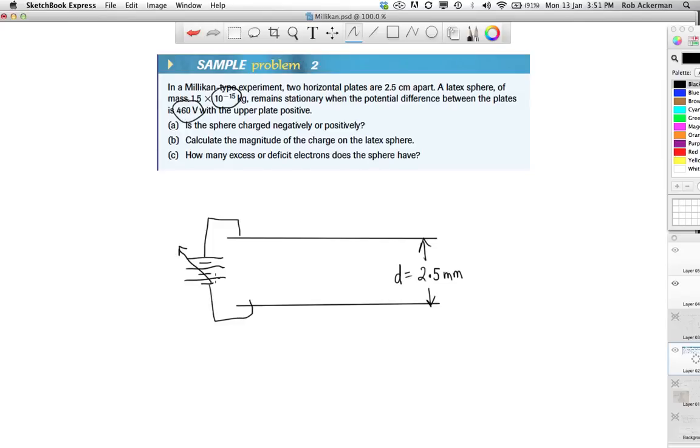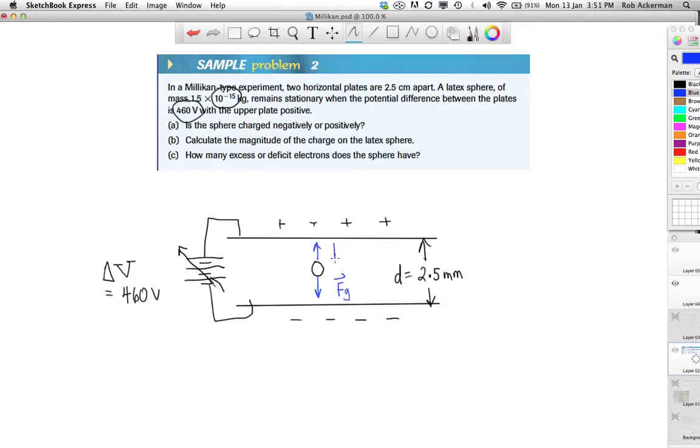So we've got this variable power supply, and we've decided that one of the spheres can become suspended in midair at 460 volts. Okay? Upper plate, of course, positive. Negative on the bottom. So here is the droplet. We can draw in some of the forces. We know that gravity would always be acting down.